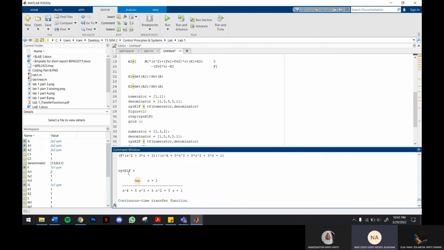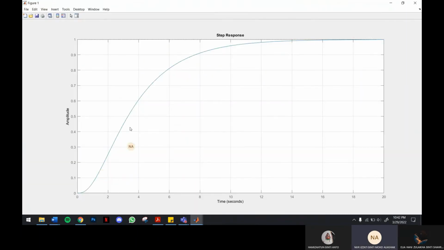Then we get the transfer function for x1 equal to s plus 1 over s to the power of 4 plus s plus 5 s cubed plus 8 s squared plus 5s plus 1. Then we use the command step(sys_x1_f) to plot the output response of x1, and we get the output response like this.